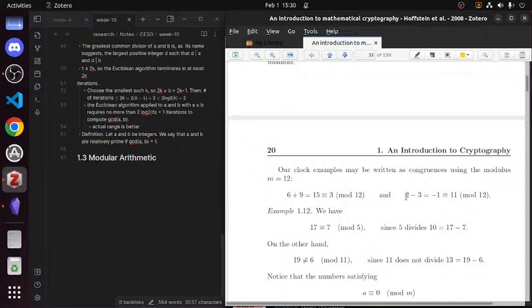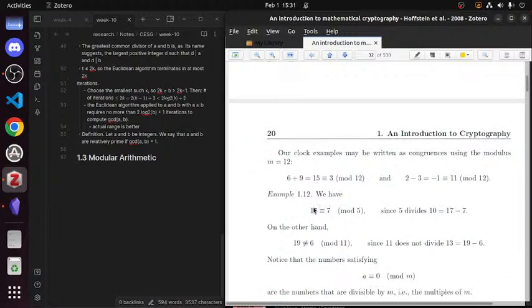And 2 minus 3, in our normal everyday lives, equals negative 1, but it actually is 11 mod 12. And so in this example, we have 11 is congruent to 7 mod 5.